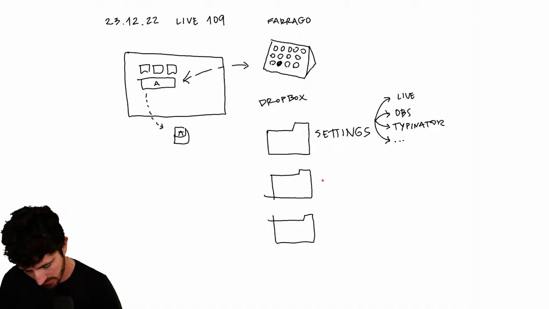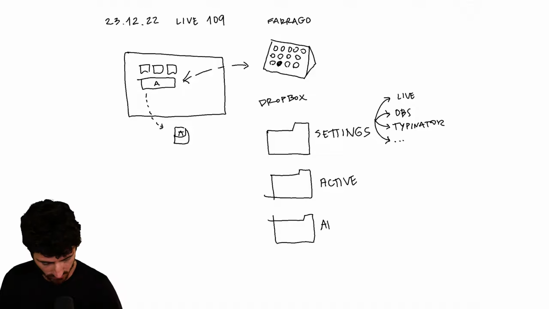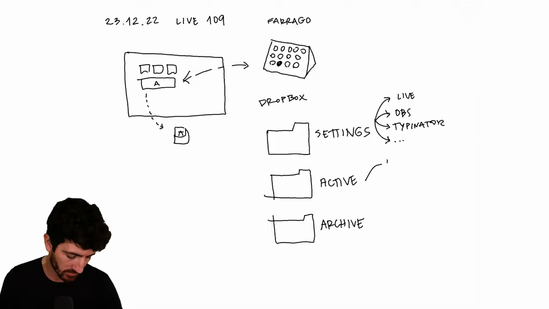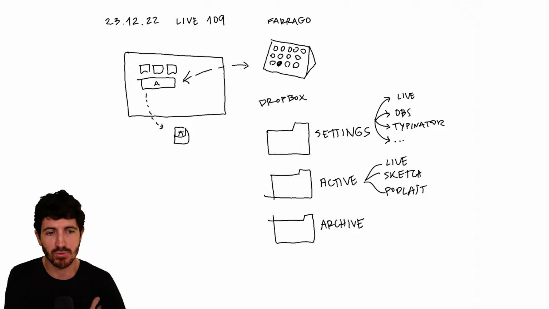There are other things that are going to be like active projects and archive projects. Archive projects you don't even need to download unless you want to reference something. The active folder is the things that we're actually working on. So for example, for me right now would be like the live stream, the sketches, the podcast. So certain things that you actually have to have there.